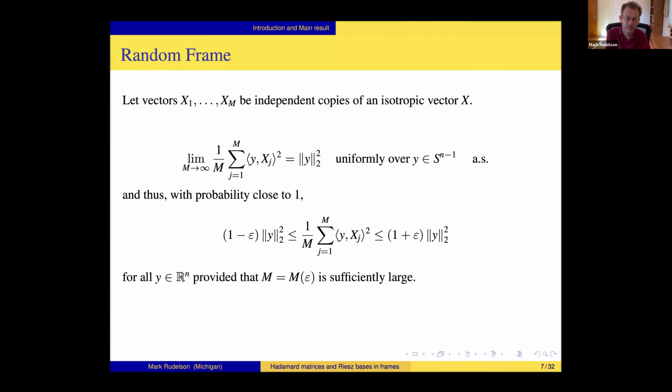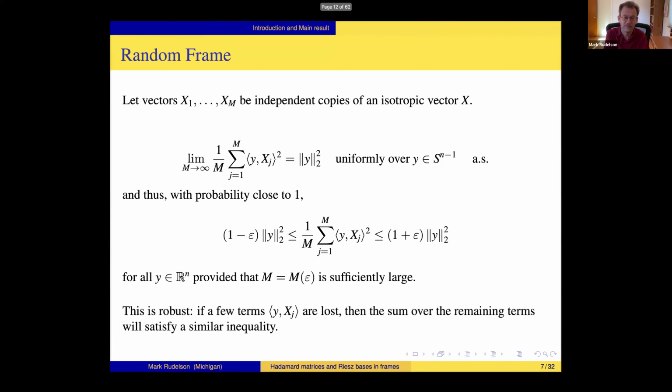And the question is, if we have a very long random frame, for which M would we have this trivial subframe? Would we have a repeated basis or almost repeated basis in it?